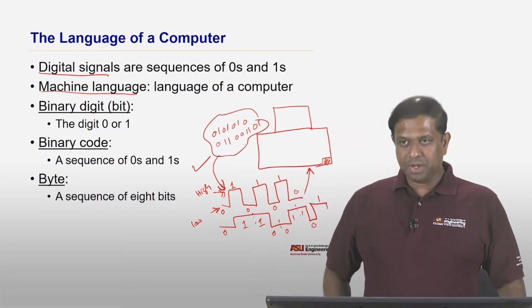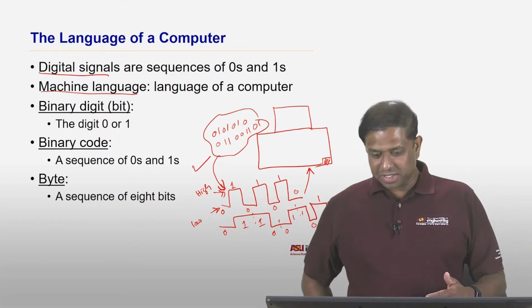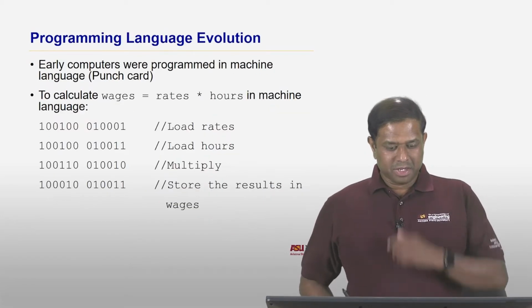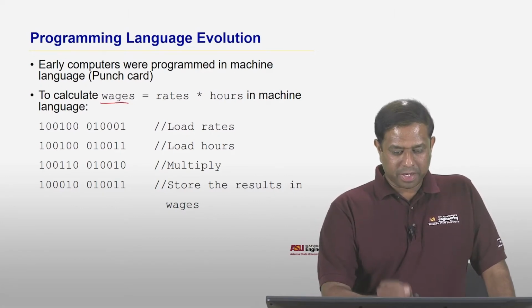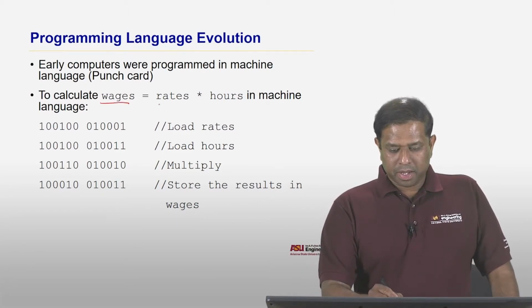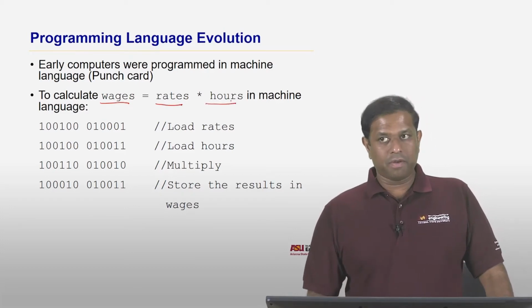Now I just want to show you how tedious a task it would be to write a program using zeros and ones. Suppose I want to write a program that calculates the wage of a person by taking the hourly rate and multiplying it by the number of hours worked.